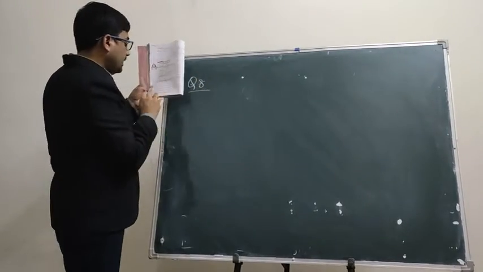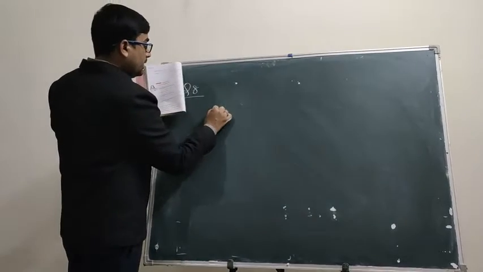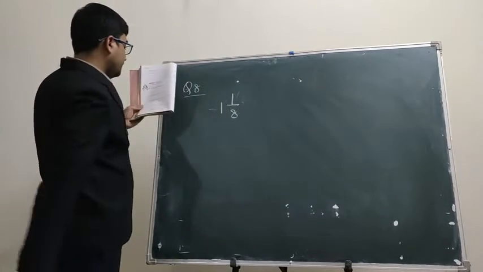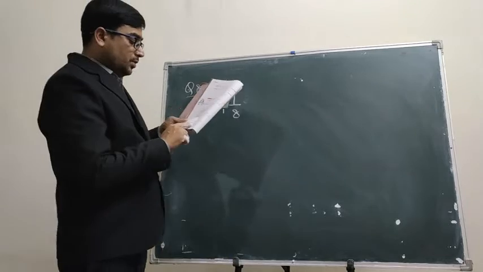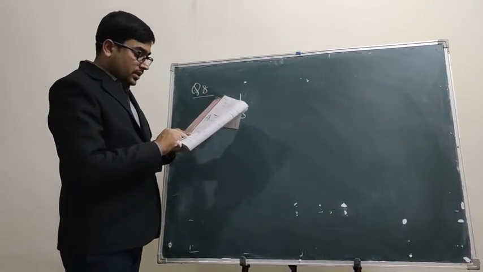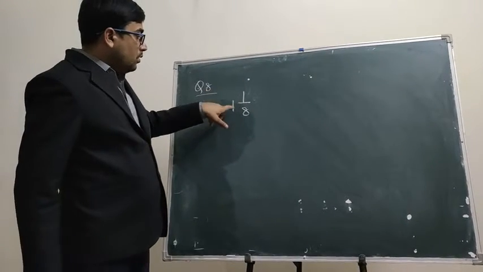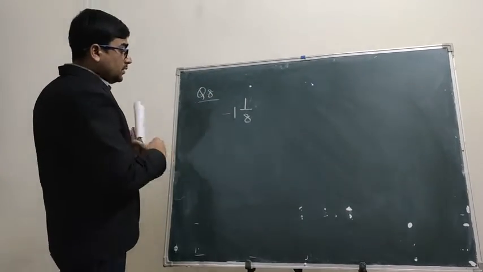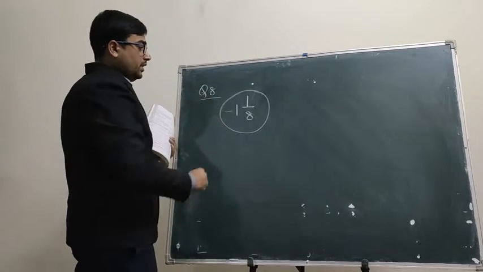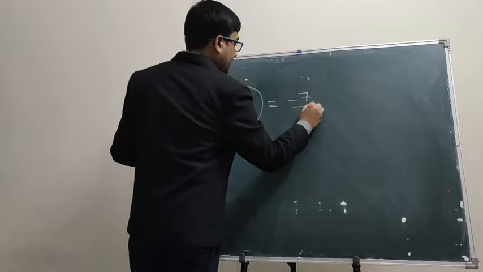Question 8. Is 8 by 9 the multiplicative inverse of minus 1 whole 1 by 8? Why or why not? First you have to change this mixed fraction into an improper fraction, and we get minus 7 by 8.